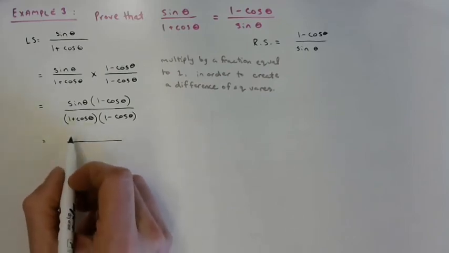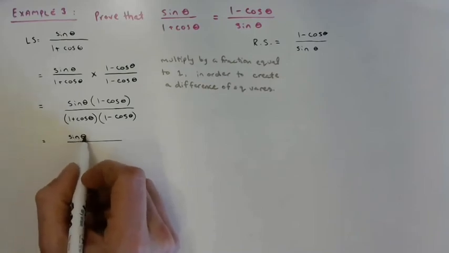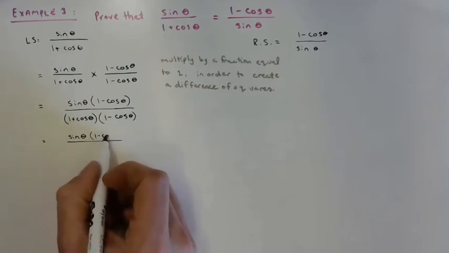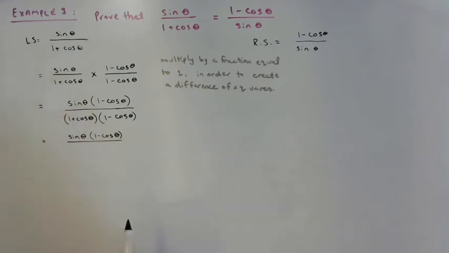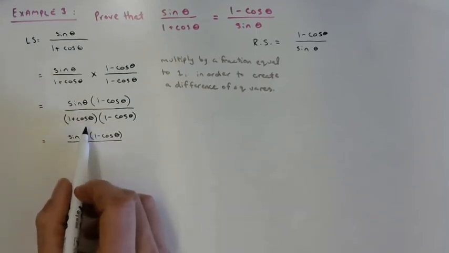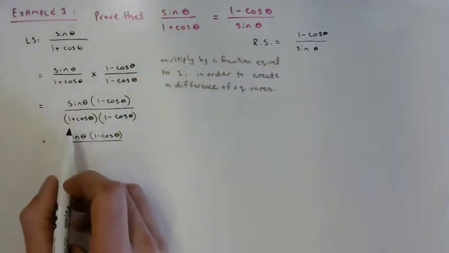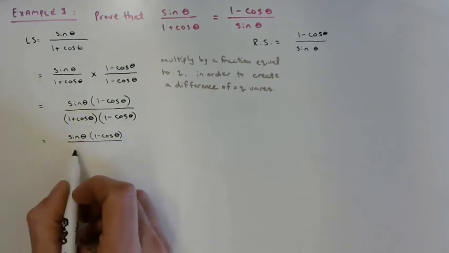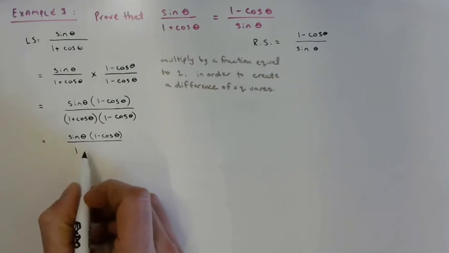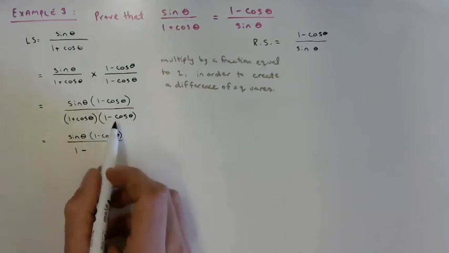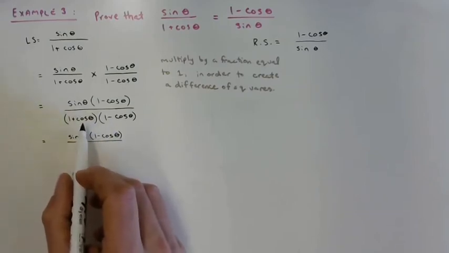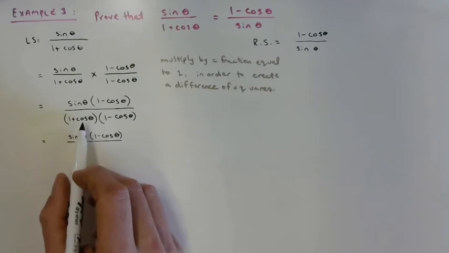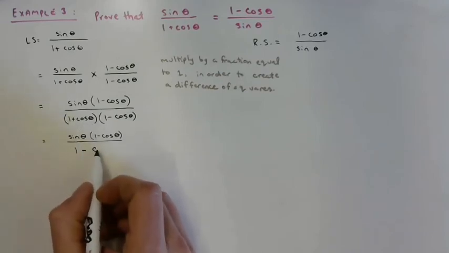My numerator is going to stay the same: sine of theta times 1 minus the cosine of theta. And my denominator now I can reduce to a difference of squares. A plus b times a minus b is a squared, so 1 squared, which is just 1, minus b squared, which is going to be the square of the cosine of theta. Looks like this.